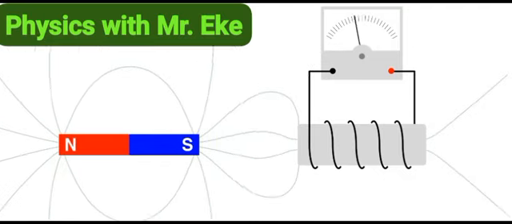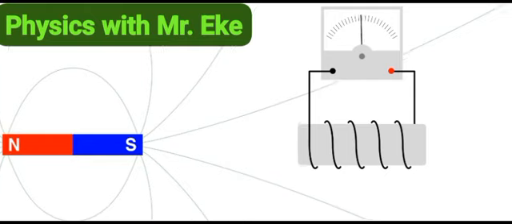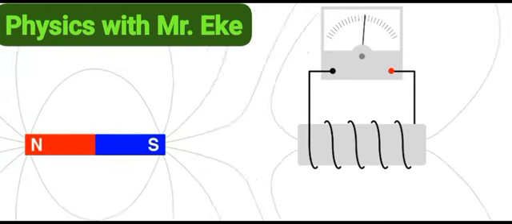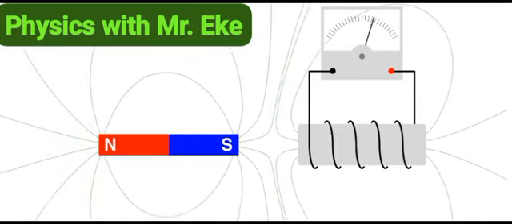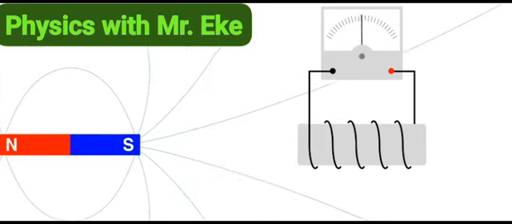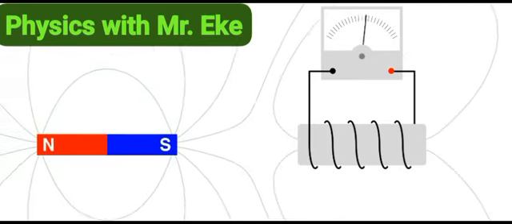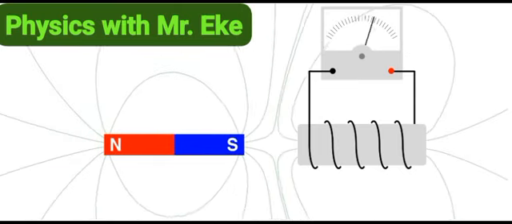So you can see that this principle explains clearly how a generator works, because a generator uses this principle in order to function, be it an AC generator or a DC generator. As you can see in a generator, as the coil rotates in the magnetic field, there is a change in the magnetic flux.